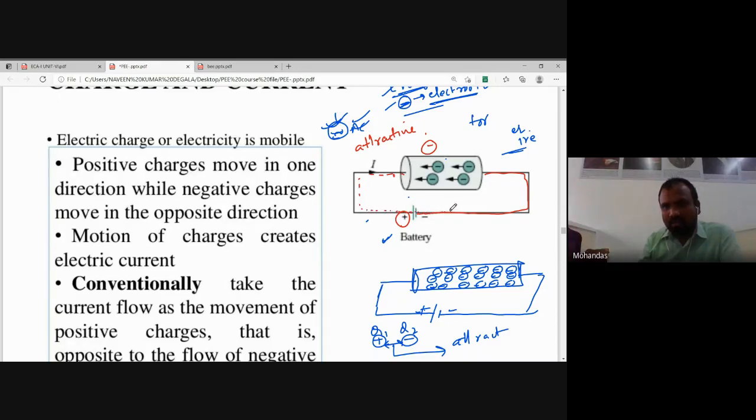And again, what about this negative charge? This is the negative terminal of the battery, and it also has negative charge. What is the force between them? The two charges have the same polarity. What is the type of the force? Repulsive force. There is a force of repulsion, so it will try to repel this charge.